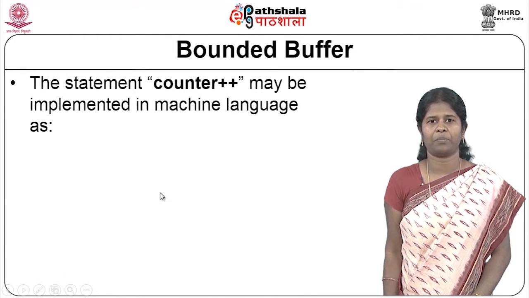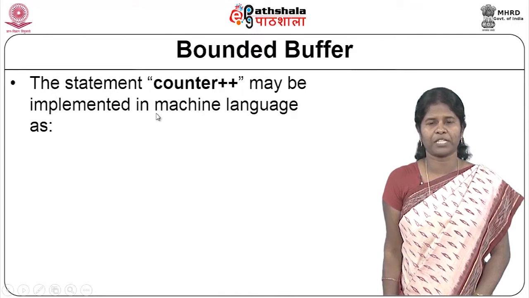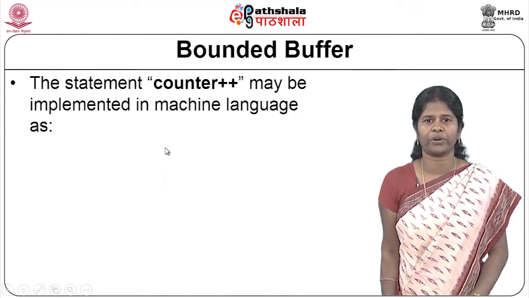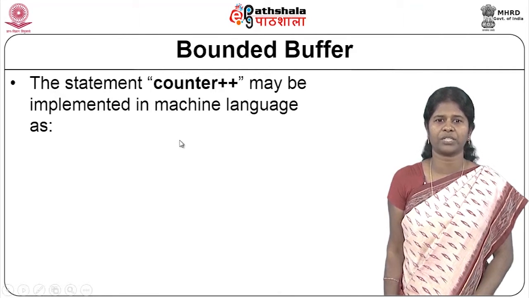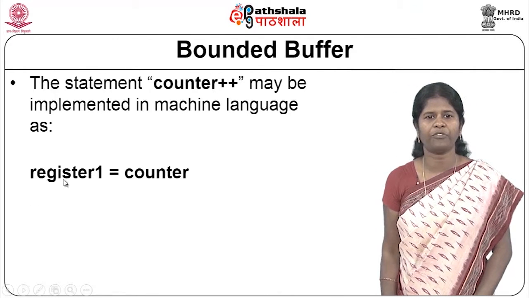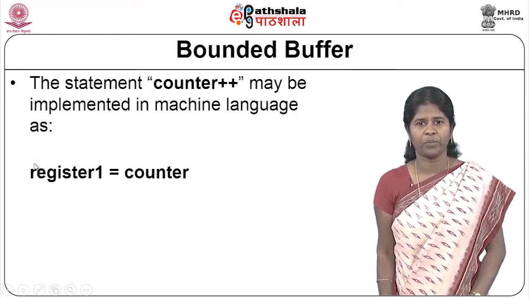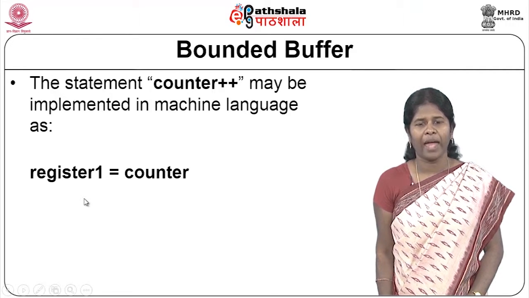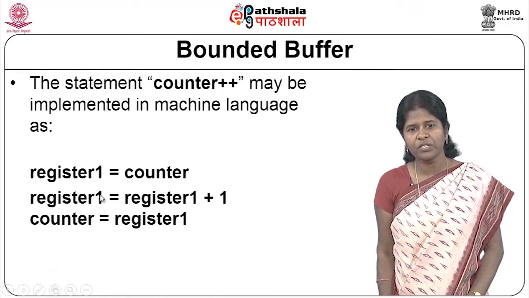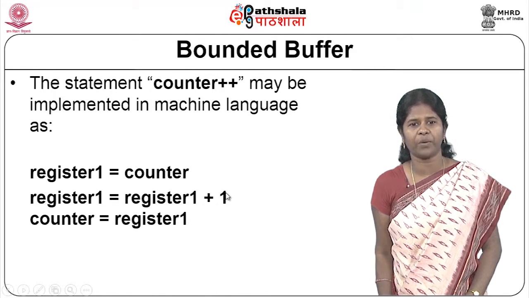Say, for example, you have this counter plus plus in the producer's code, and how this could be implemented in machine language is that you will have a register onto which the value of this counter is copied, and then the contents of this register is incremented by 1.